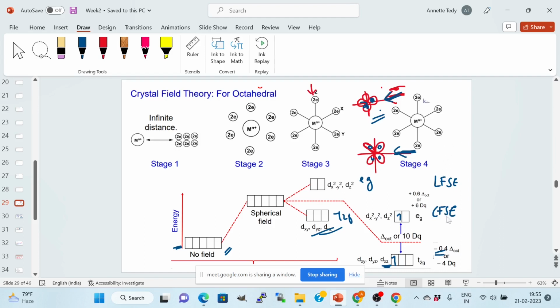And actually CFSE is an outdated model. Nowadays we have something called LFSE, ligand field stabilization energy. We have something called ligand field theory. In CFSE we are looking at each ligand as a point charge, like there are no covalent interactions. That is the assumption we are taking in CFSE, the crystal field theory. And whenever we are dealing with crystal field theory, we deal with the crystal field splitting energy.